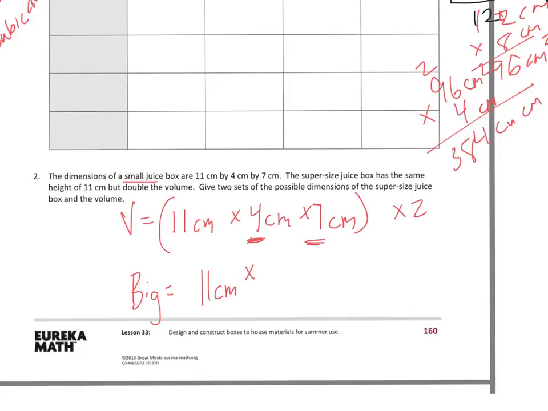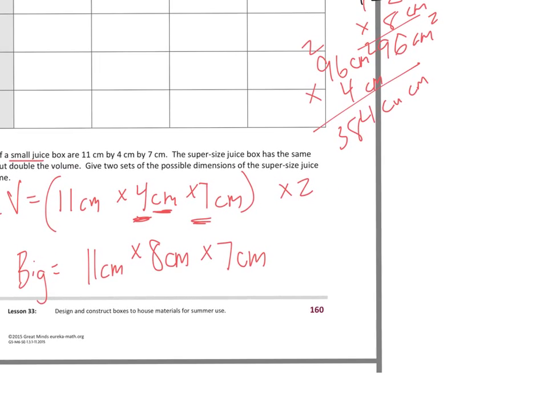So I'm going to double the 4 centimeters and change it to 8, times 7. And we'll calculate both of these out, the small one and then my projected big one. I'll do it off to the side. I know 11 times 4 is 44, and I'll multiply it by 7. So 308.